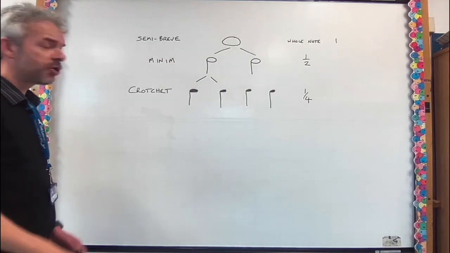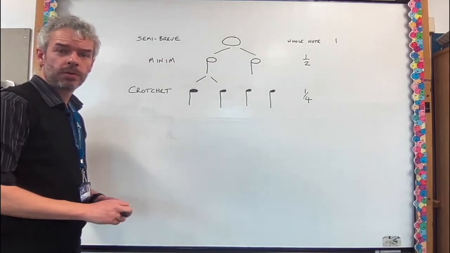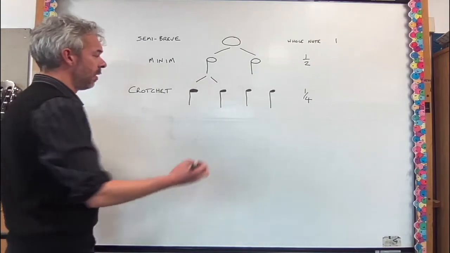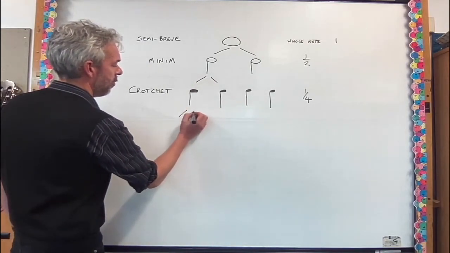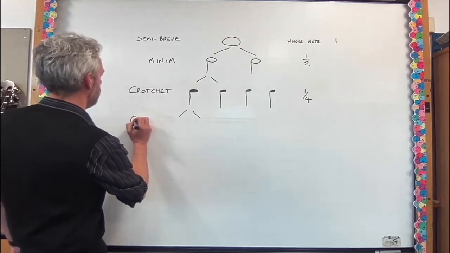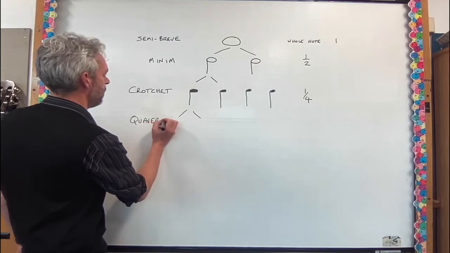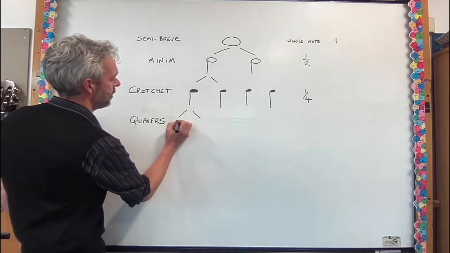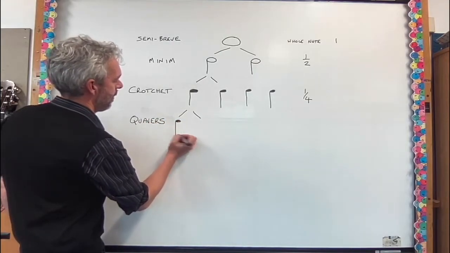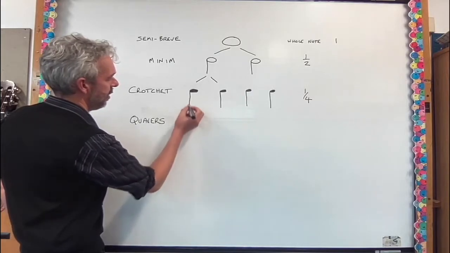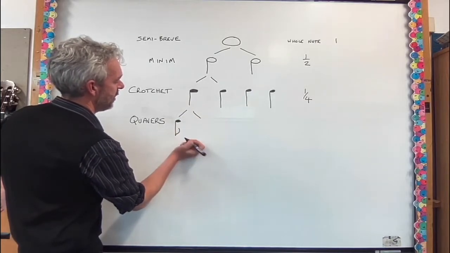The crotchets can also be subdivided into 2 notes of equal value, and these are what we call quavers. Think of your cheesy quavers, and actually a quaver looks like a crotchet but with a curly tail added.